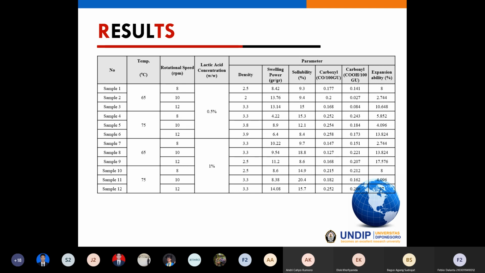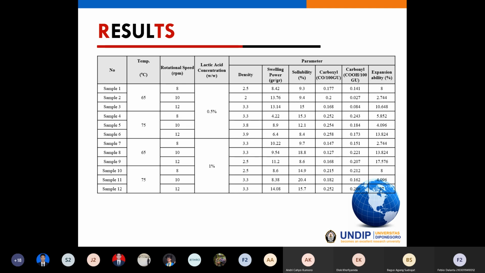This is the result, with variation of temperature of 65 and 75 degrees, rotational speed of 8, 10, and 12 rpm, and lactic acid concentration of 0.5% and 1%. The parameters are density, swelling power, solubility, carboxyl and carbonyl group, and expansion ability.